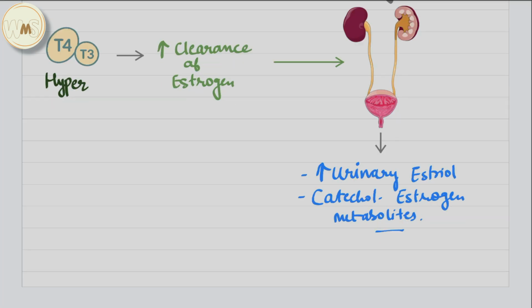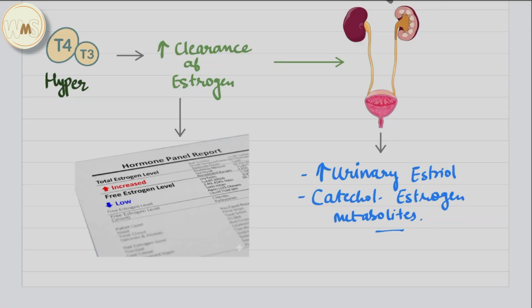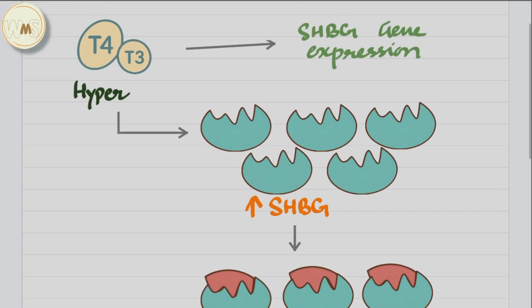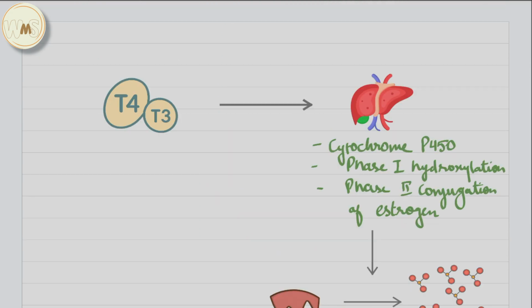Despite faster clearance, the total estrogen, that is bound plus free, looks high on lab reports because in hyperthyroidism there is increased metabolism of estrogen, but simultaneously the thyroid hormones make the liver produce more sex hormone binding globulins. These extra globulins bind a large part of estrogen.